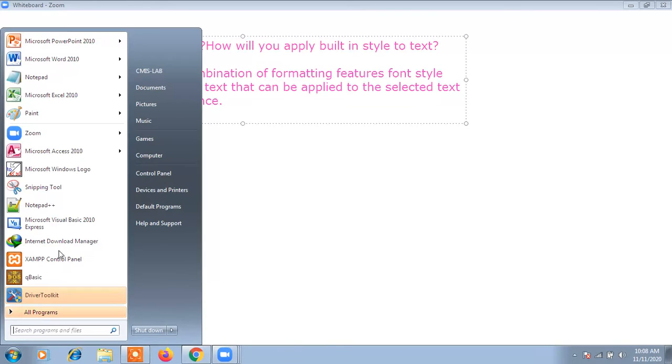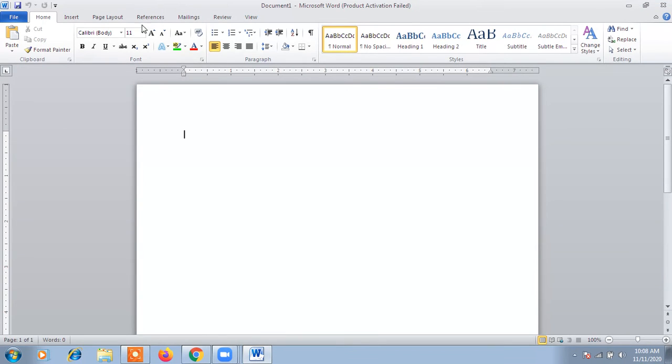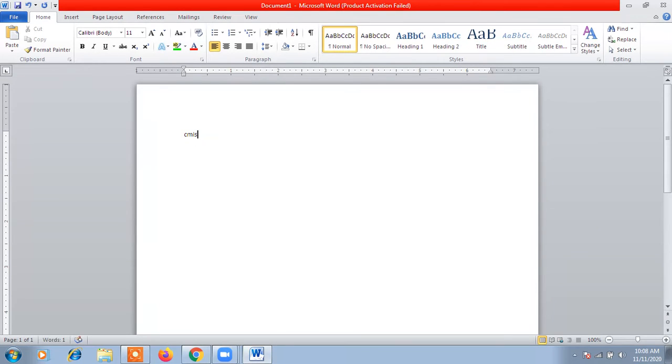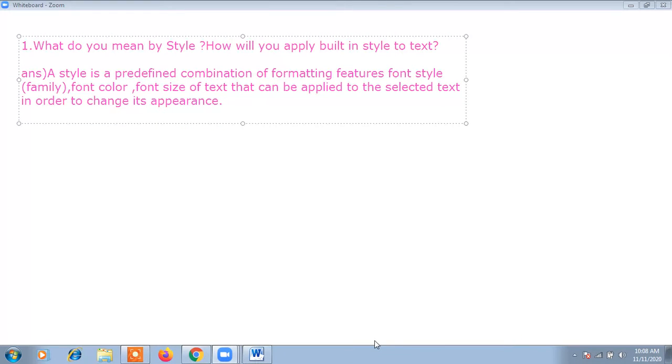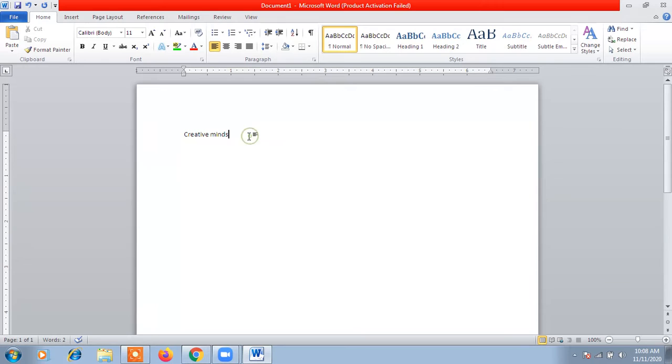Now see here, let us look at it practically in MS Word. Suppose I have written Creative Minds here, and I want to apply the built-in style.